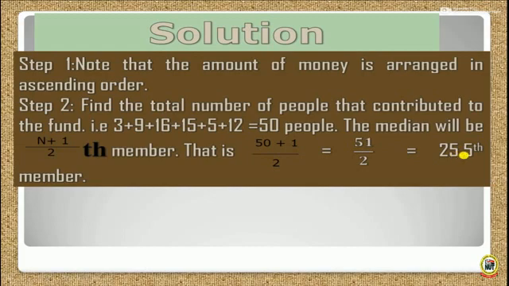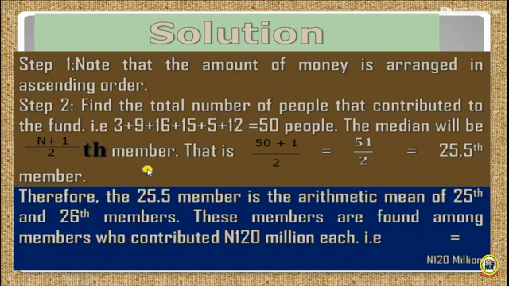Therefore, the median is the 25.5th member. The 25.5th member is going to be the median of this distribution. So it is going to fall in between the 25th member and 26th member. But then there's nothing like a 25.5th member. This person exists in between the 25th member and 26th member.